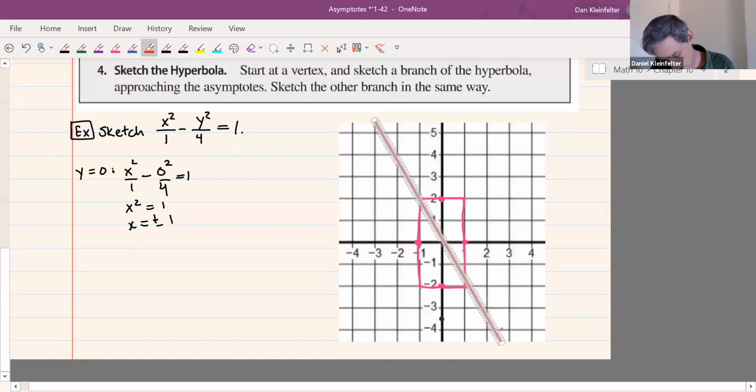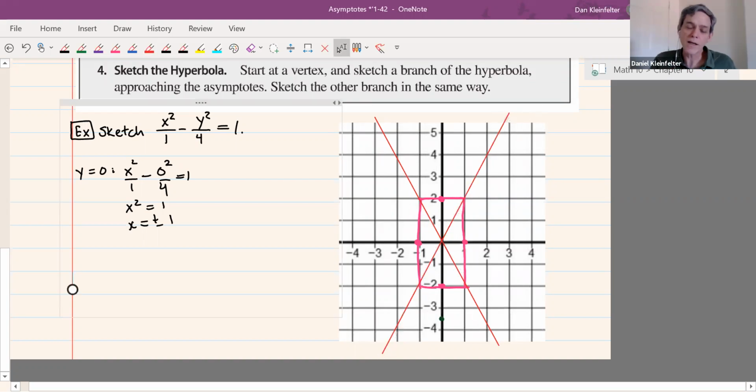A ruler will help you here. Okay, there's one. And then let's put on another one. All right, so then those are the two asymptotes.